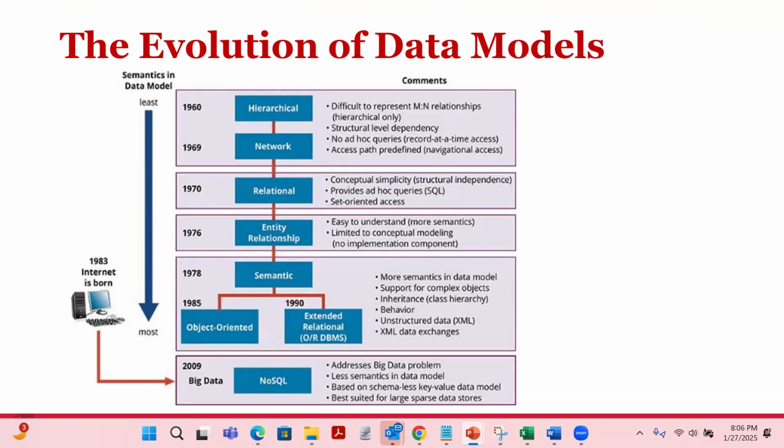We talked about abstraction. We talked about logical and physical independence in terms of abstraction. So let's look a little bit at how different data models evolved over time. Somewhere around the 1960s, the first data models created were the hierarchical and network data models. Those were designed to store linear data.